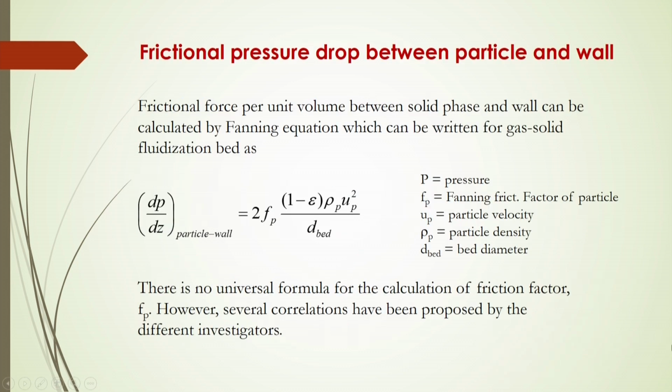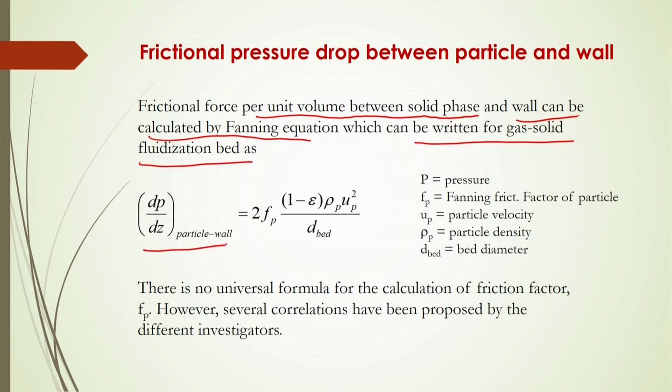So, let us see the frictional pressure drop between particle and wall, how it can be calculated. Now, this frictional force per unit volume between solid phase and wall can be calculated by the Fanning equation, which can be written for a gas solid fluidized bed like this.